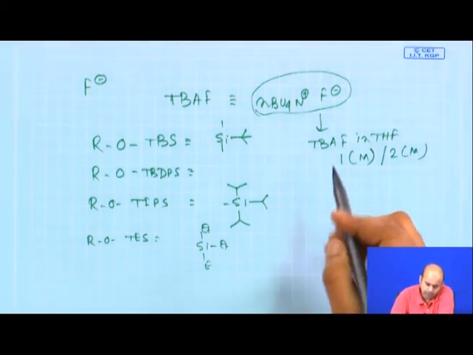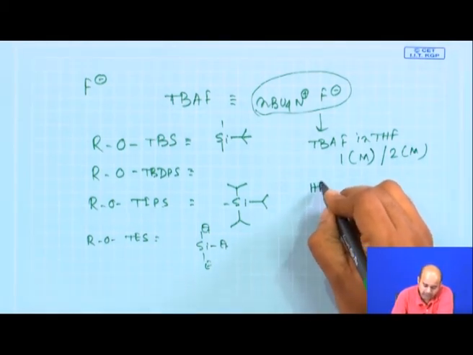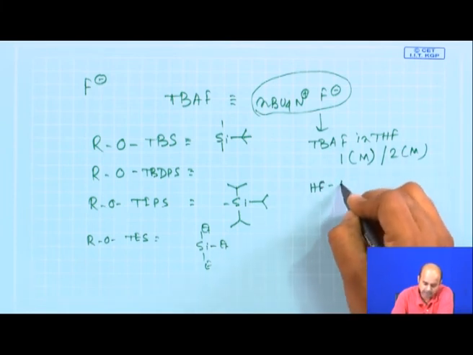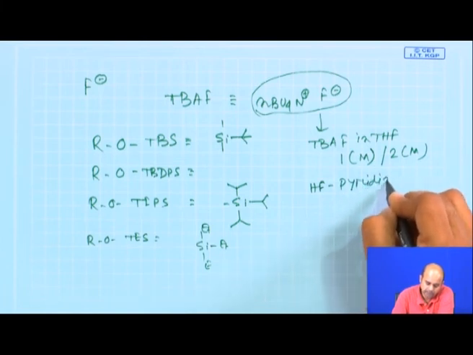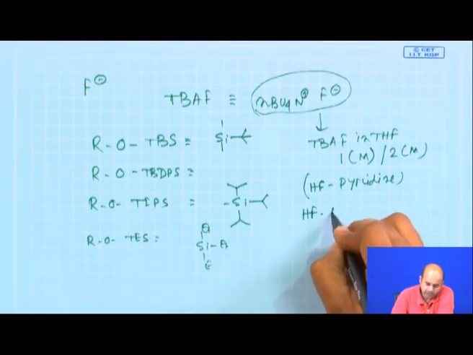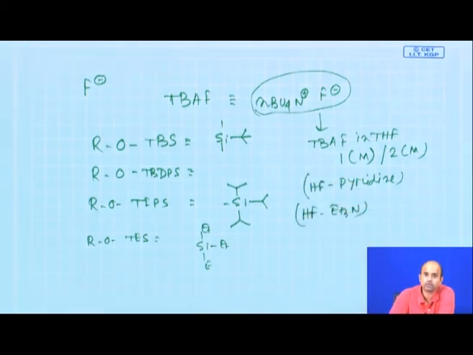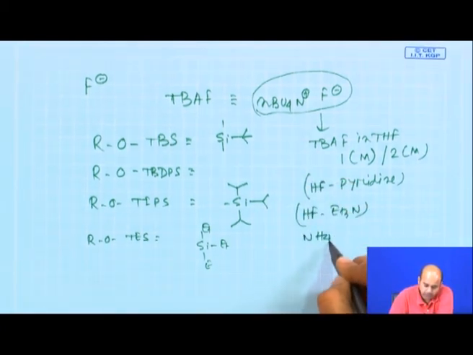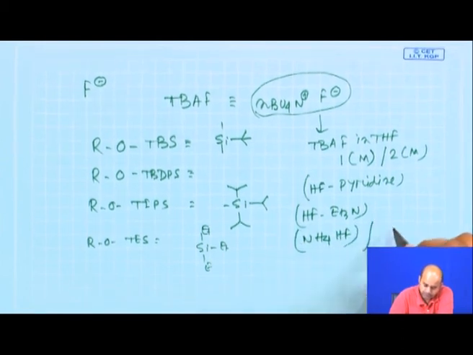In some cases you can use HF. HF is very strongly acidic, and to minimize its acidic nature sometimes HF is combined with pyridine. HF-pyridine is a good reagent. HF-triethylamine is also a good reagent to cleave silicon-containing protecting groups. Simple ammonium fluoride, NH4HF2, ammonium bifluoride, is used.